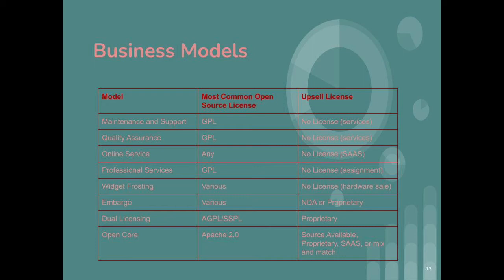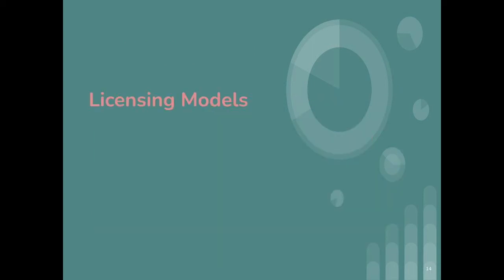It is the model to which most companies have gravitated within the last 10 years or so. I'm going to talk about those in a moment. So now let's move on to talking about licensing models, because the dual licensing and open core models are really very closely effectuated through their licensing models.